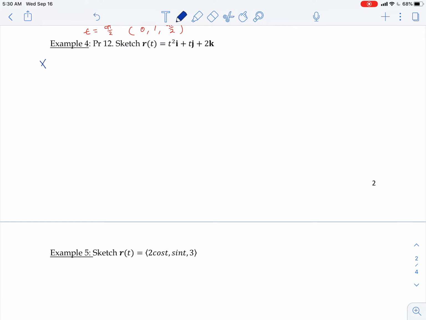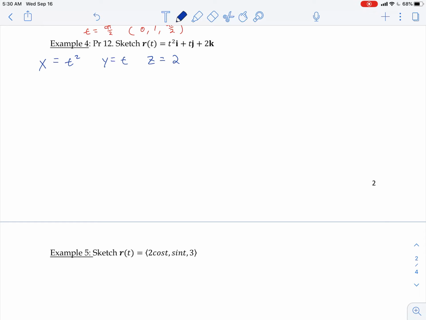So let's go ahead and talk about our vector. The first thing we want to do is write this in component form. So x is equal to t squared, y is equal to t, and z is equal to 2. Now we've worked on the first step.